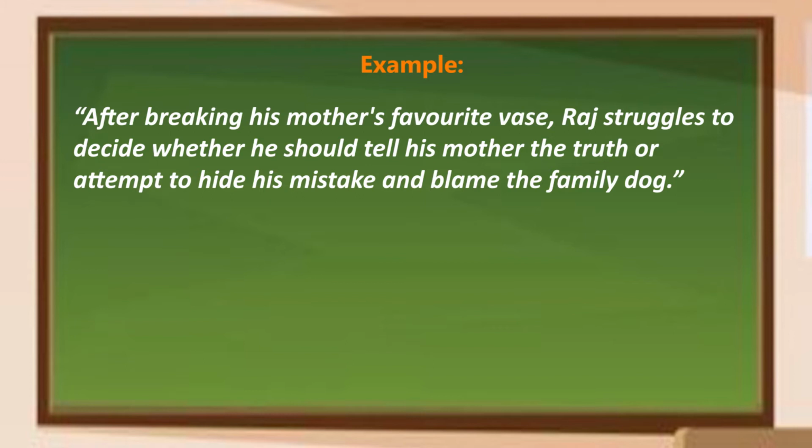If he tells the truth, then he may be punished and will also have to face the hurt and disappointment of his mother. If he blames the dog, then he is spared but would have to live with the guilt of lying. What should he do? Now here, Raj is surely having which type of conflict? Internal conflict. Very good.